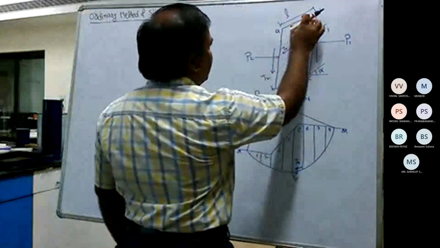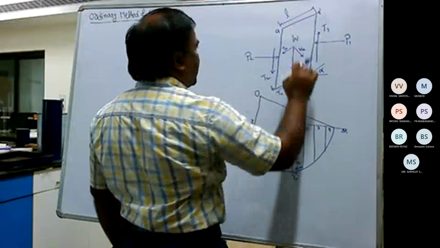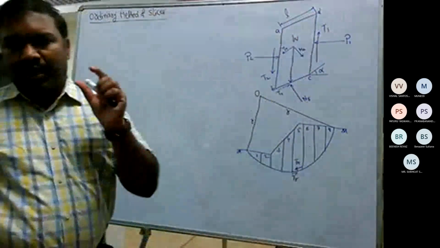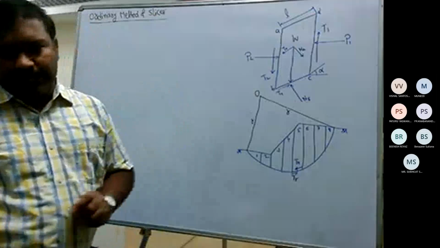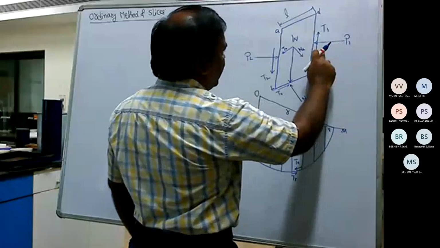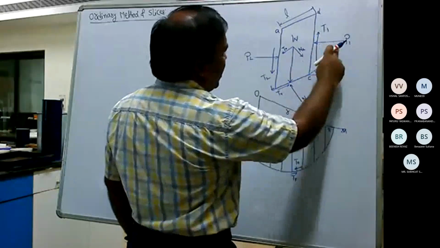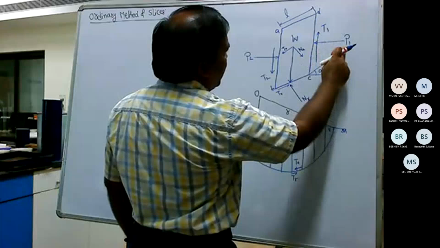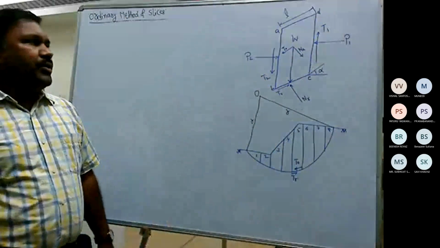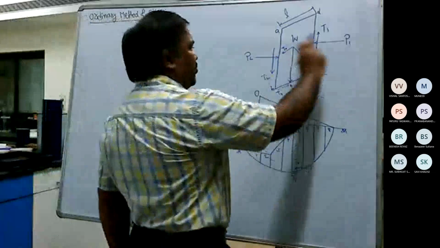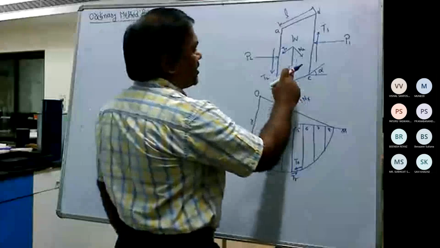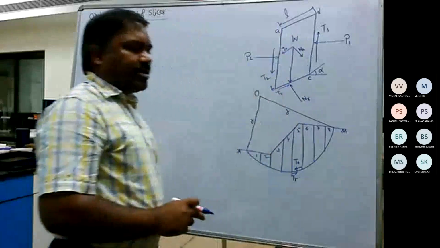The inclined width of the slice, either AD or BC, is L. There are forces acting on both sides of each slice, the normal force as well as the tangential force, P1, T1, P2, T2. These are the normal and tangential forces acting on both sides of the slice, while W is the weight of the slice.